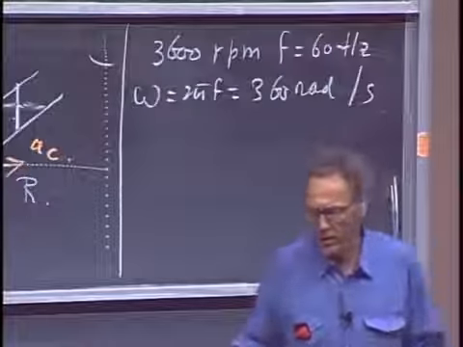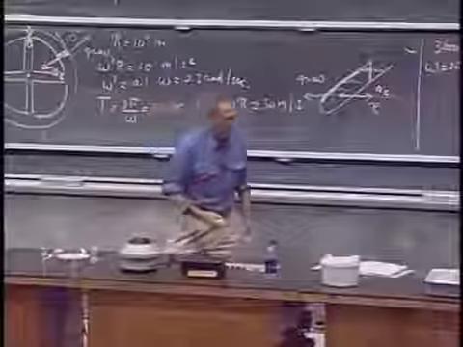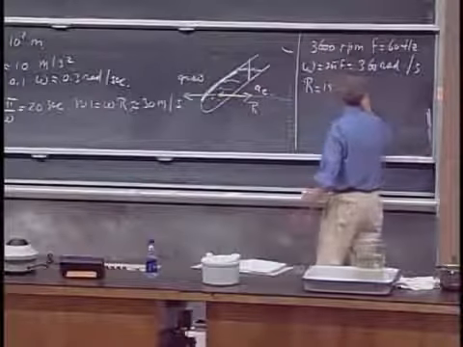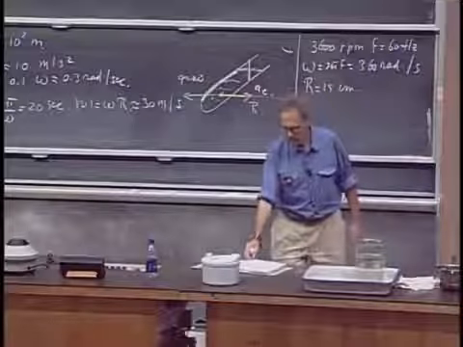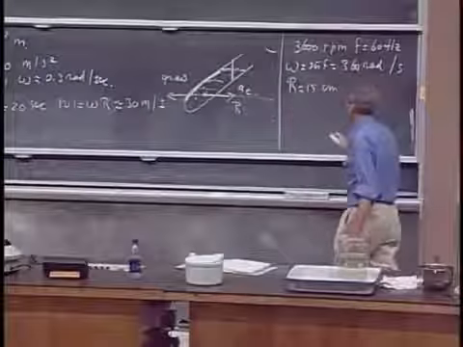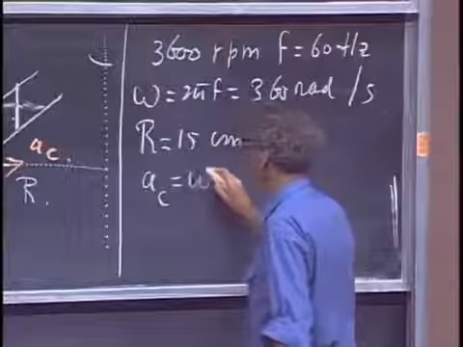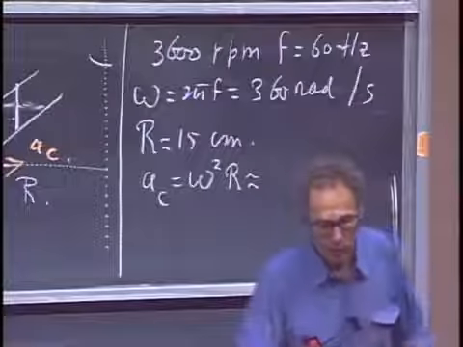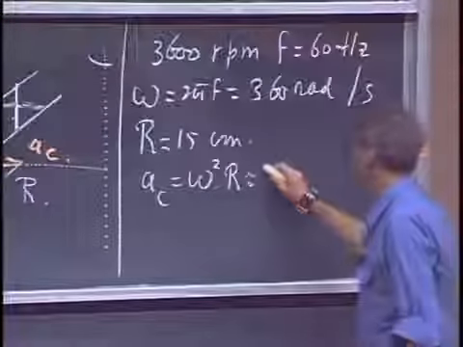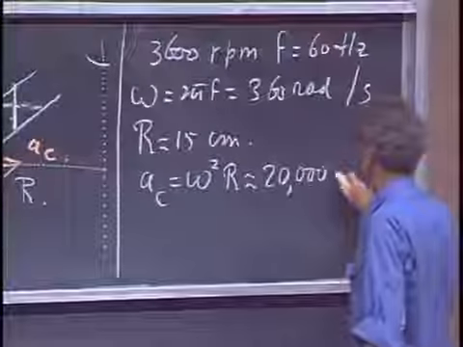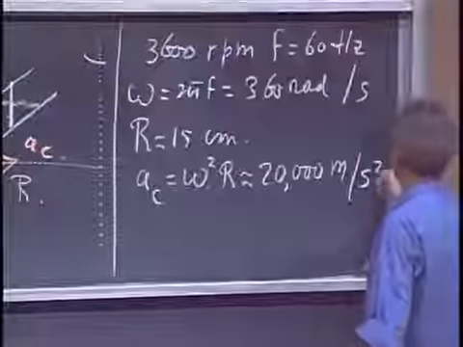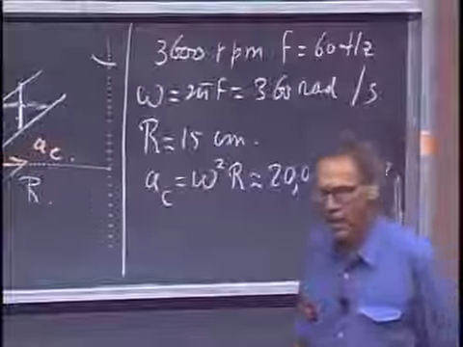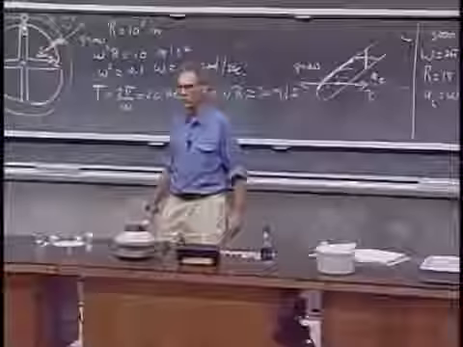If we assume that the radius is maybe 10, 15 centimeters, whatever, let's take a radius of 15 centimeters. And we can calculate now what the centripetal acceleration is. The centripetal acceleration, a_c, which is omega squared r, is then roughly about 20,000 meters per second squared. And that is 2,000 times the gravitational acceleration.